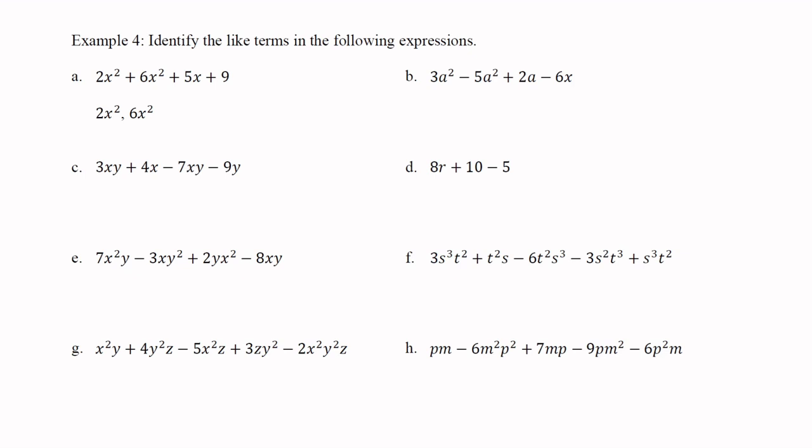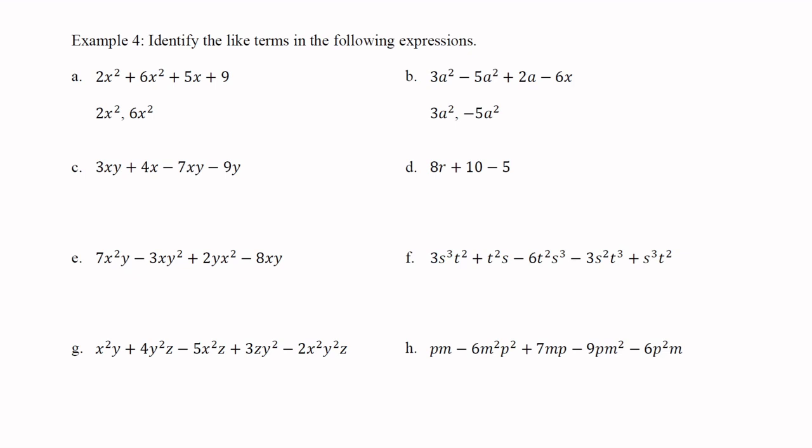In B, we have an a squared term, an a squared term, an a term, and an x term. So our like terms are the two a squared terms, 3a squared and negative 5a squared. Okay, you got to be careful because you have to include that negative that comes before the 5a squared.